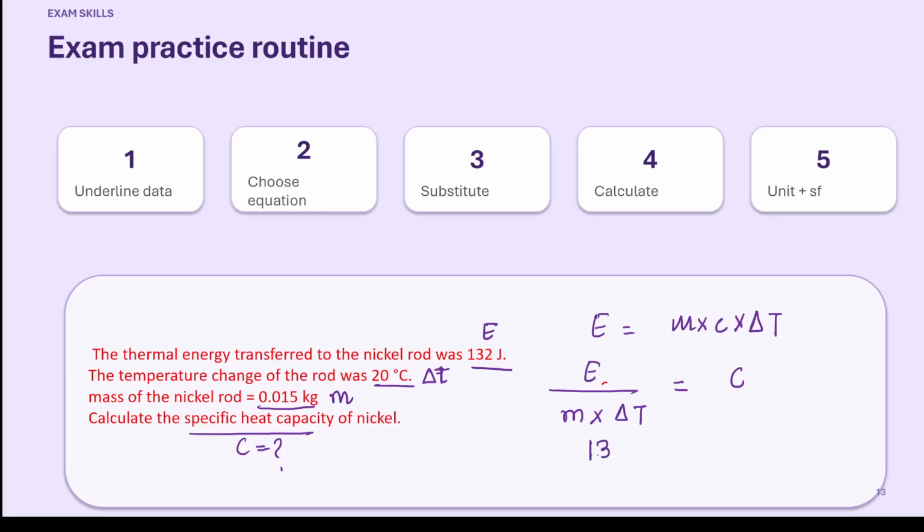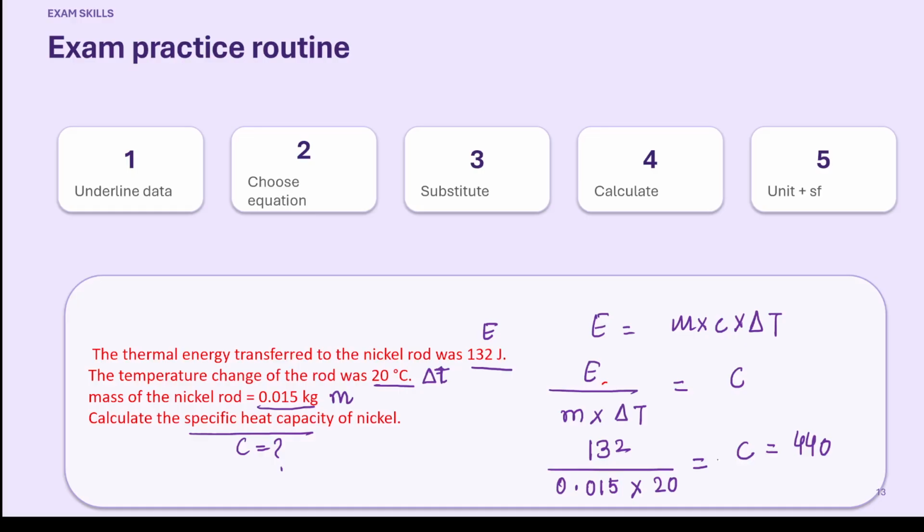This is 132 divided by 0.015 times 20. That gives you the specific heat capacity. Using the calculator, that comes out to be 440. Writing the unit properly is important.